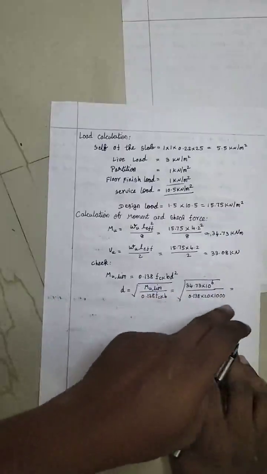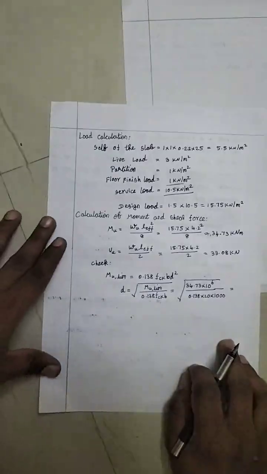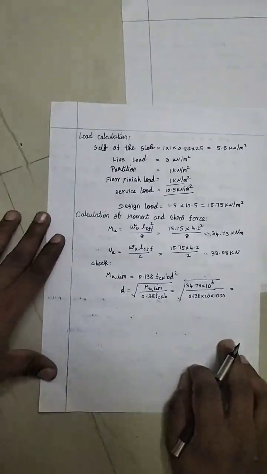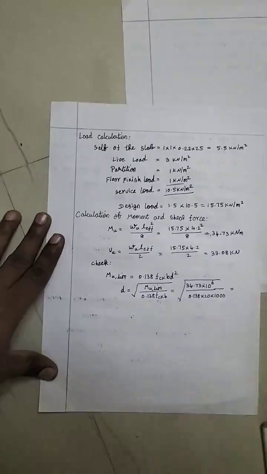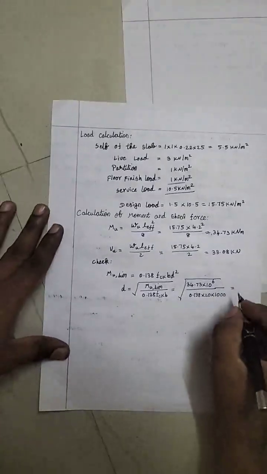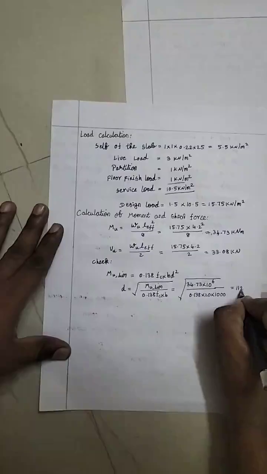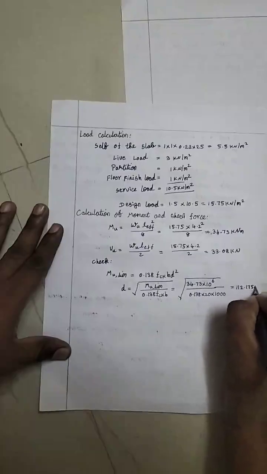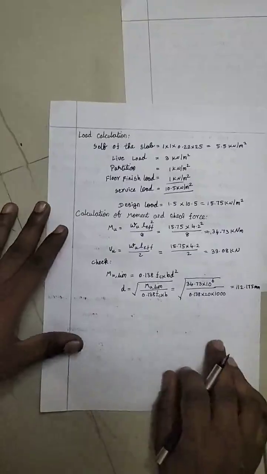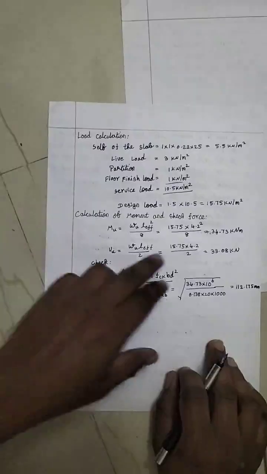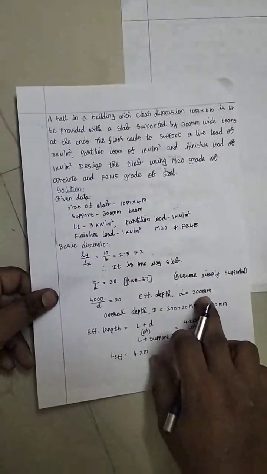So we need to convert all the values in terms of Newton per mm square, Newton mm. So the answer which we are getting is 112.175 mm. This is the depth which is needed for this particular moment, but here we are providing 200 mm. So it is safe.